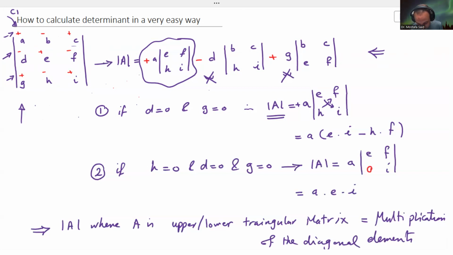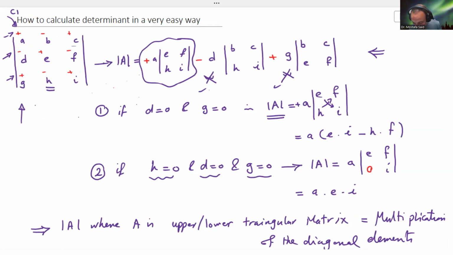Okay. Now let's make it even easier. Method 3. What if H, this element here, was also 0? So now H, D, and G are zeros. Again, if D and G are zeros, you cancel out the second and third terms of the first big equation.